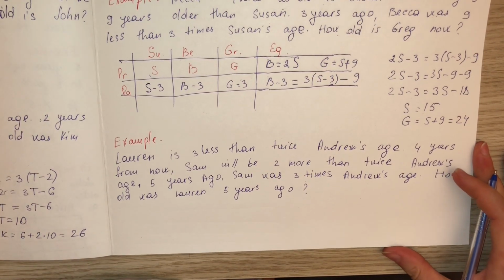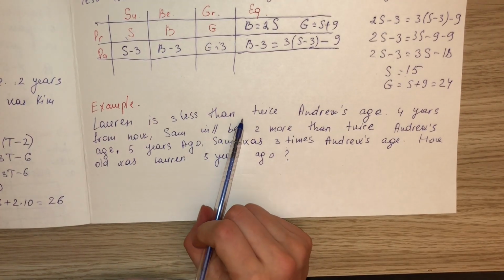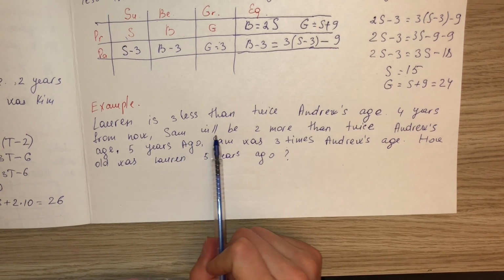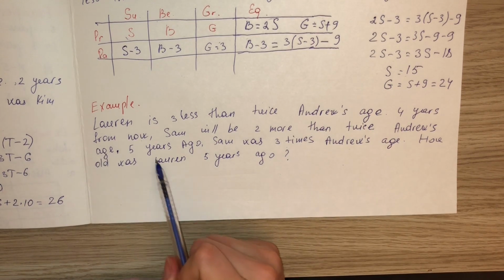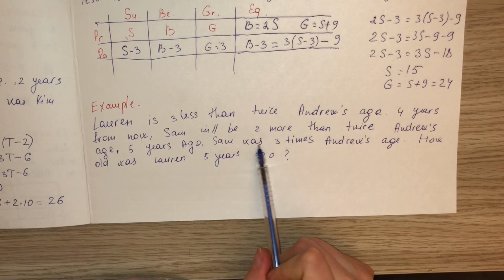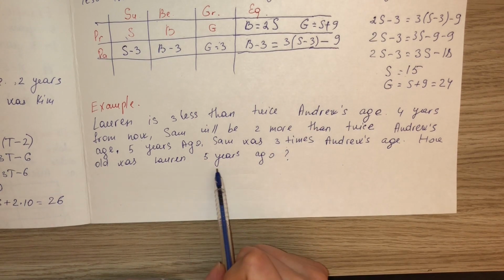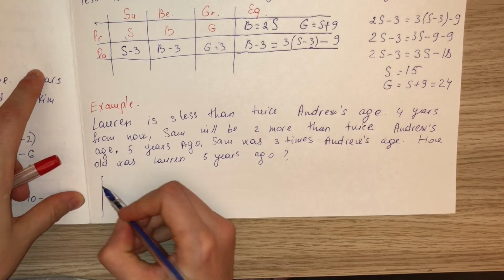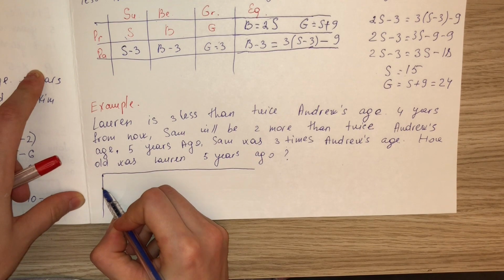Next question. Lauren is 3 less than twice Andrew's age. 4 years from now, Sam will be 2 more than twice Andrew's age. 5 years ago, Sam was 3 times Andrew's age. How old was Lauren 5 years ago? Our first step is the table.